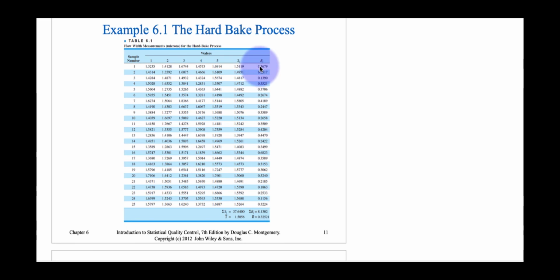Okay, this is the range value for the first sample, and we are going to take the average over all the samples we have. And those will be the central lines for the X bar control chart and the range control chart, right?